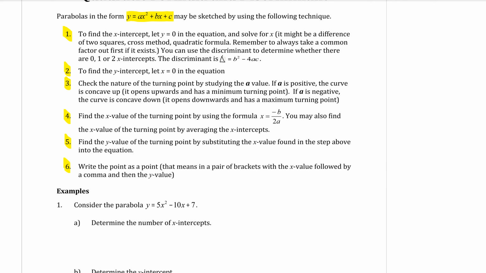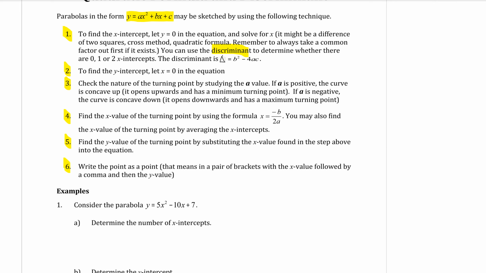Okay, so we have done most of those steps before. The only new thing is that we will be using the quadratic formula to help us for some questions. The other extra part is that sometimes we will not be able to find any intercepts, and we can use the discriminant to work out how many intercepts there should be.